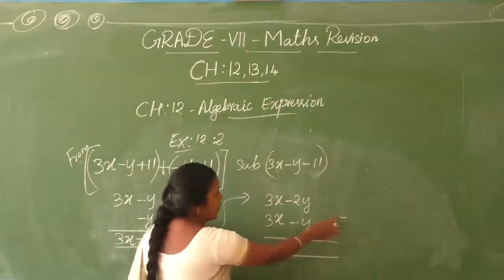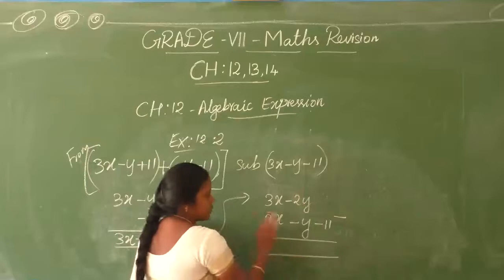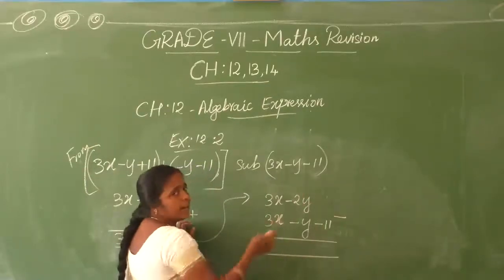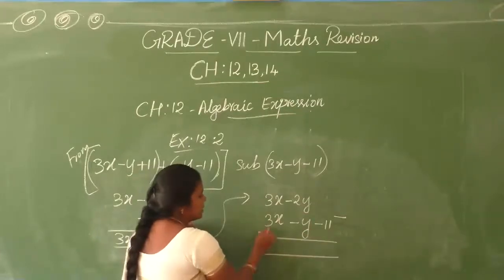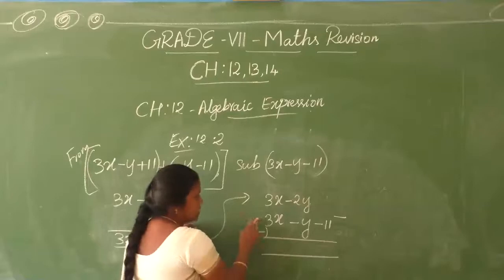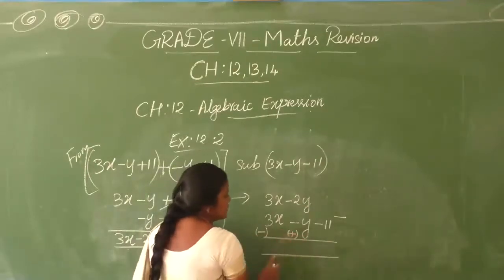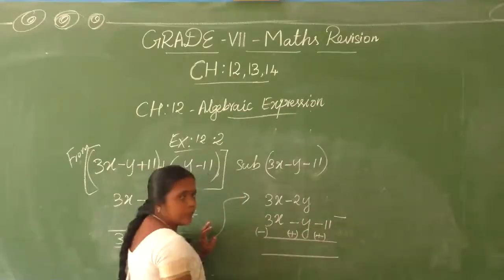Keep it in mind: while subtracting any integer from another expression, we should change to the additive inverse of the second one and then add. So the additive inverse of the second expression: plus becomes minus, minus becomes plus, and here also plus. I have taken the additive inverse of the second expression.